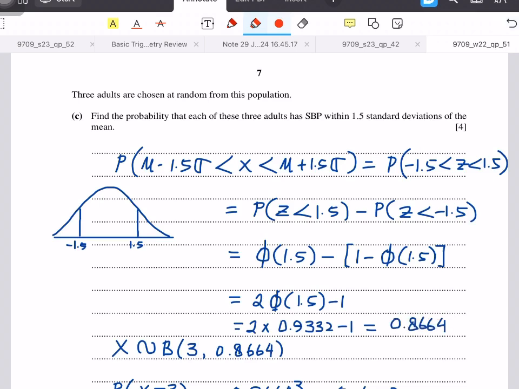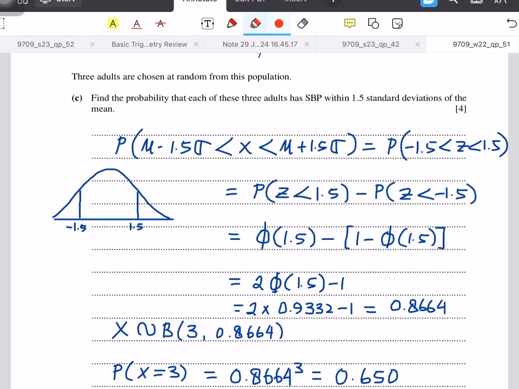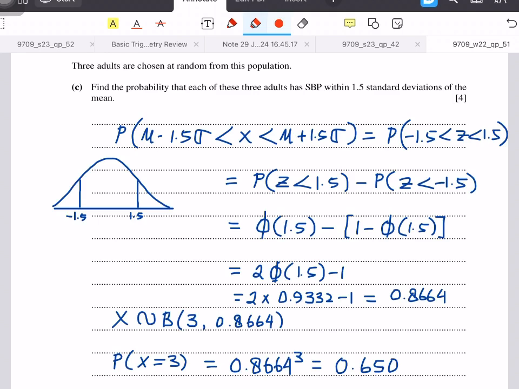Now, 3 adults are chosen at random from this population. We can use a binomial distribution with 3 independent trials, and probability of success 0.8664.